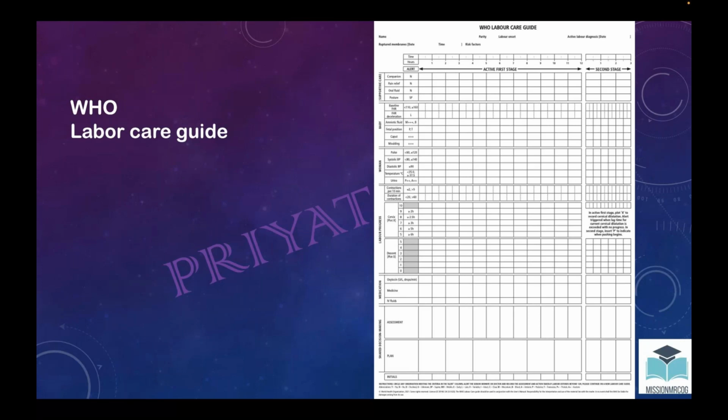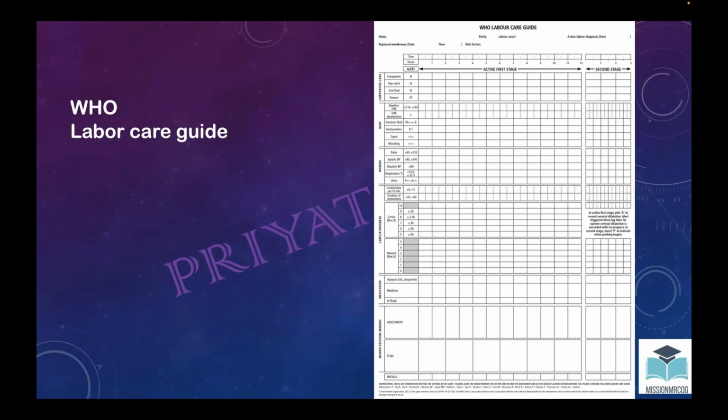Can you tell me what you already know about it? Yeah, I know that we use it to monitor the labor and maternal findings in the labor, but I'm not aware of the updates. Okay, that's right.